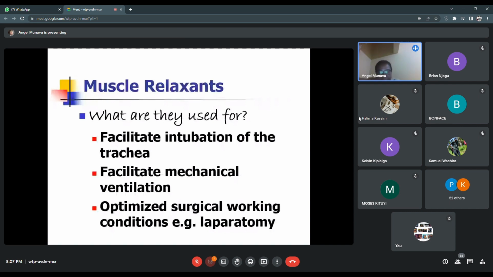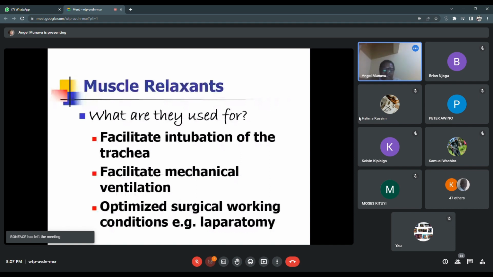Because if they are not paralyzed, they'll be doing what we call fighting the machine. The ventilator is trying to breathe for them, and they also try to breathe, so we say this patient is fighting the machine. So for us to stop the breathing of the patient, so that it can be done by the machine, we give muscle relaxants.